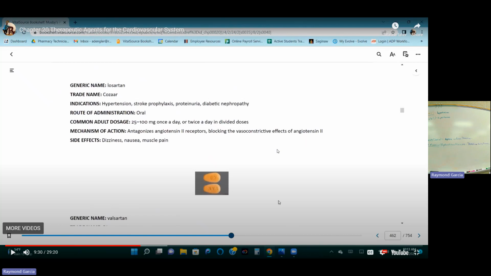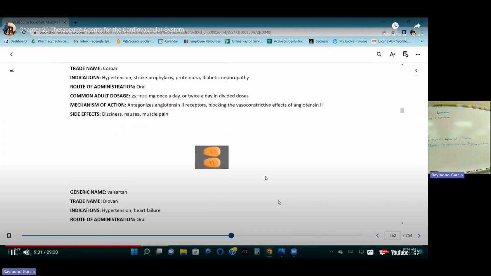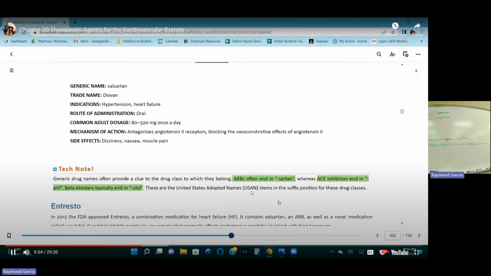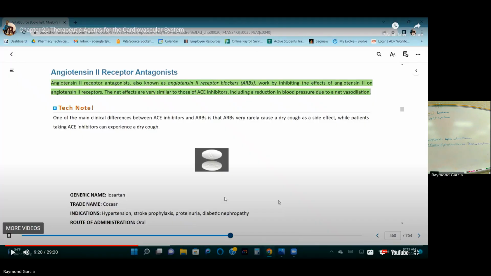In that class, we have Cozaar, Diovan. Most angiotensin II receptor blockers usually end in sartan. So those are ARBs.